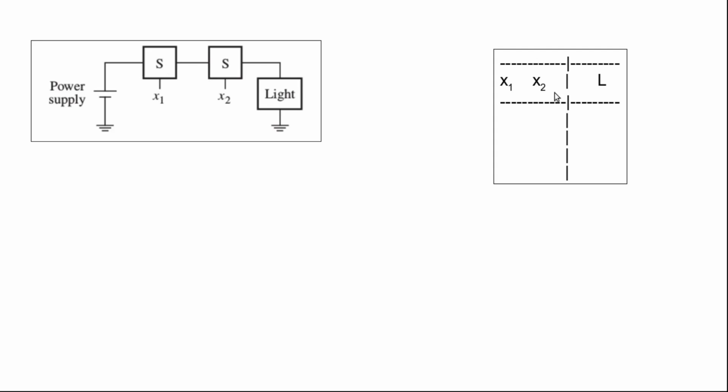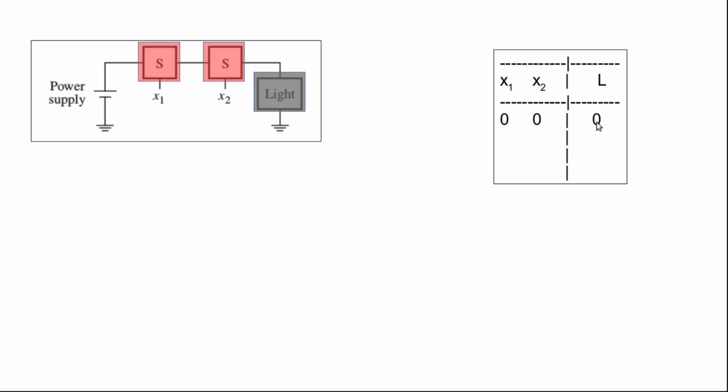If we again try to come up with the truth table for this circuit, we will see that when both the switches are off, the path will be broken, hence there will be no flow of current, and hence the light will be off. The fact that both the switches are open is signified by x1 equal to 0 and x2 equal to 0. And when both are off, the light is off, so we can say that L is equal to 0.